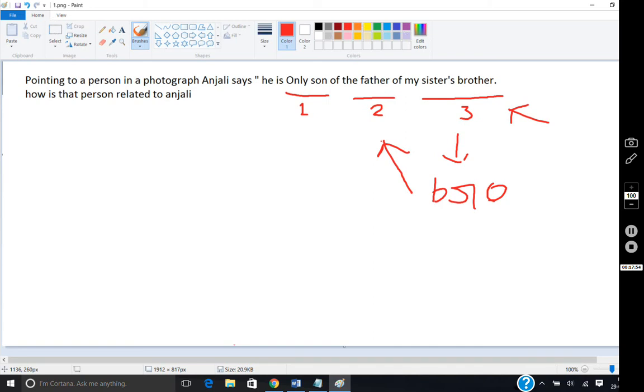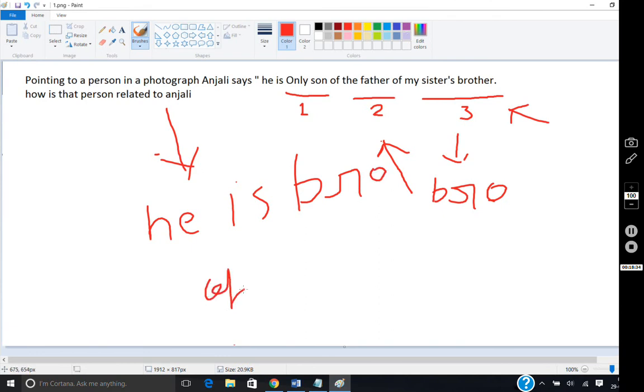He is only son, so it means it will be her brother. Anjali's sister's brother means Anjali's brother, the father of that brother will be the father of Anjali, and his only son will be Anjali's brother. So how is that person related to Anjali? The answer will be he is the brother of Anjali.